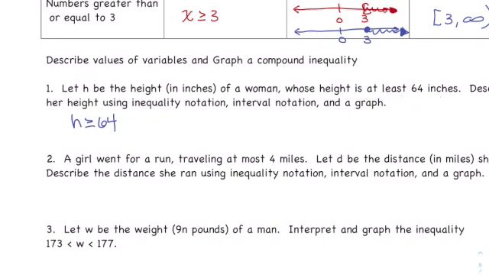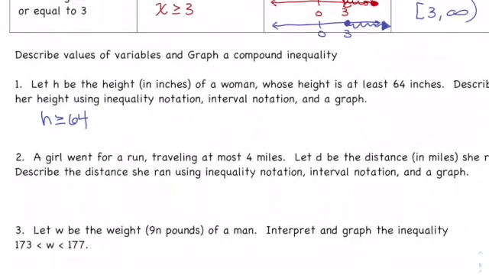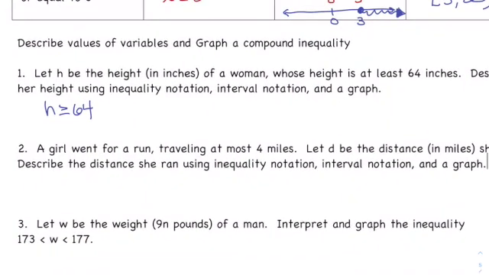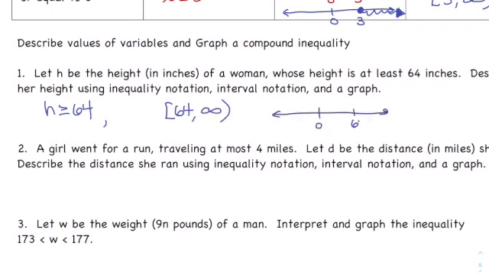Or if this confuses you, think about it this way: if your brother owes you at least $64, that means $64 or more. Money somehow always works. So describe her height using inequality notation: there's our inequality notation. Interval notation is going to be 64 to positive infinity. And then a graph: 64 with a bracket and going up.